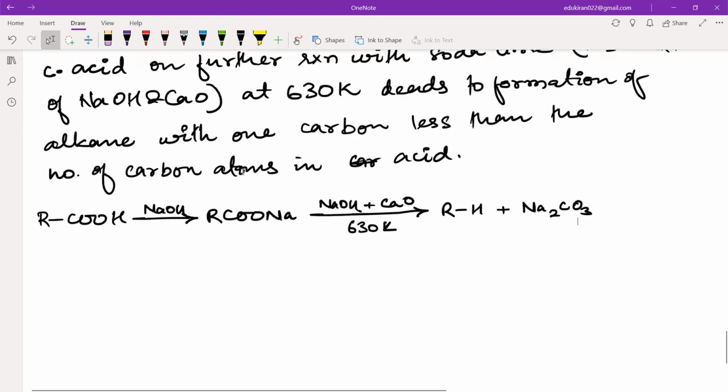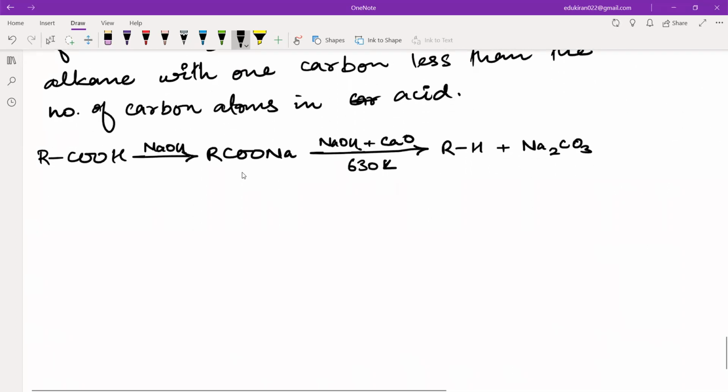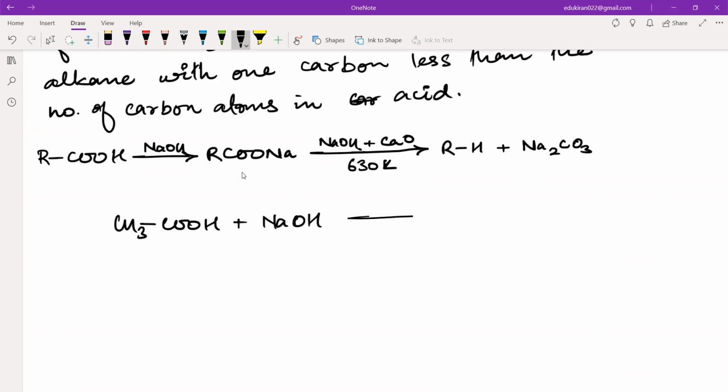Okay, so directly you can also write this type of reaction: CH3COOH plus NaOH in the presence of CaO. So what does it mean? We have sodium hydroxide and CaO. First, sodium hydroxide will form RCOONa, the sodium salt of carboxylic acid.